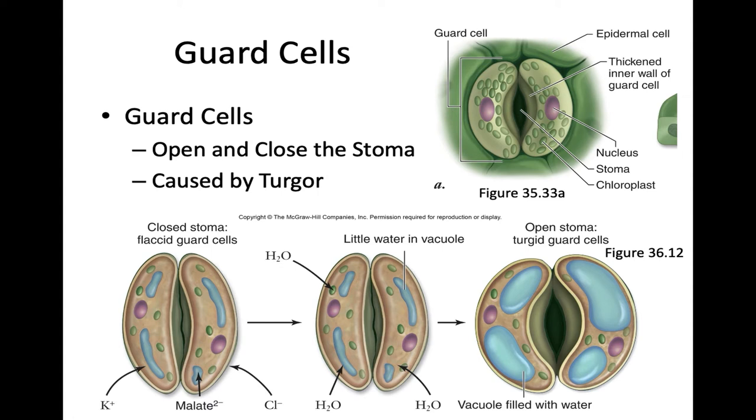These are evenly spaced cells in the undersurface of the leaves, and they're going to regulate the gas exchange by the plant tissues. The opening and closing of the stomata will be regulated by the amount of water in each cell, and the pressure of the water pushing the cell against the cell wall causes a change in the shape of the cells. So the stoma is the opening right here.